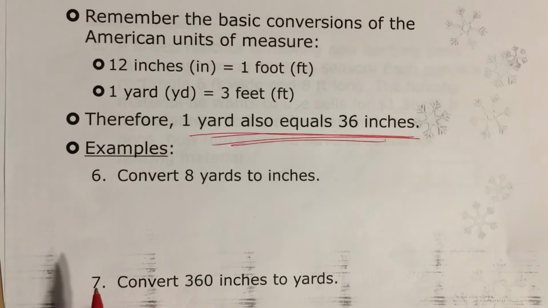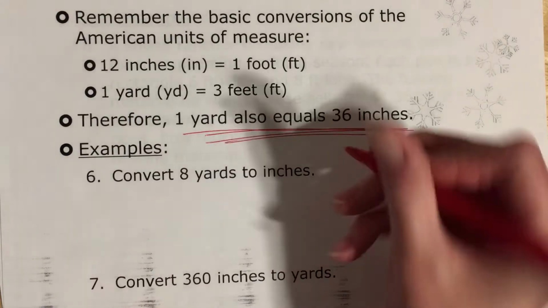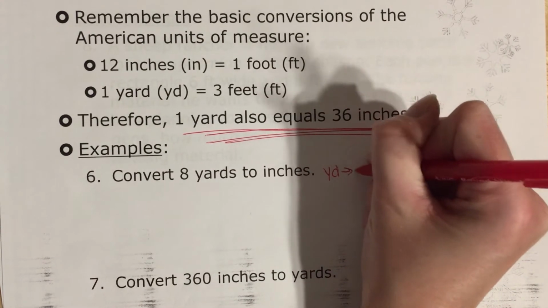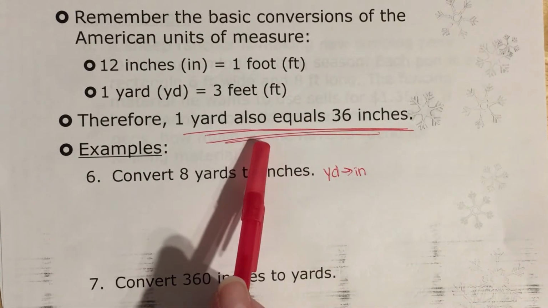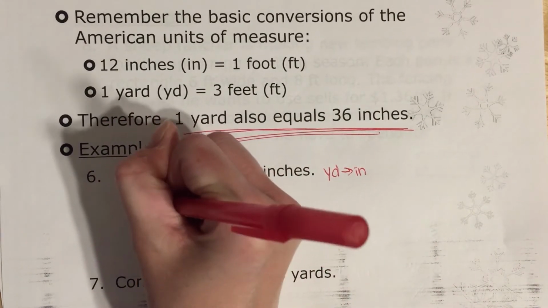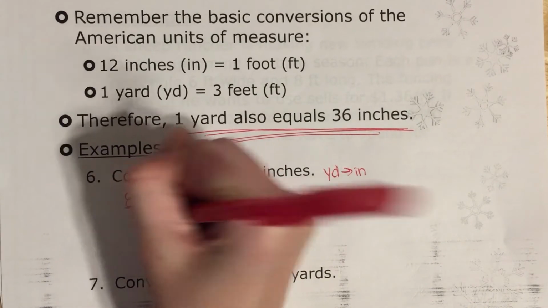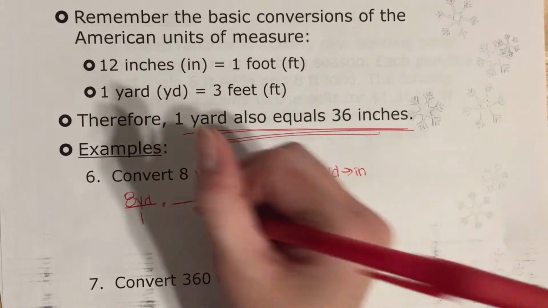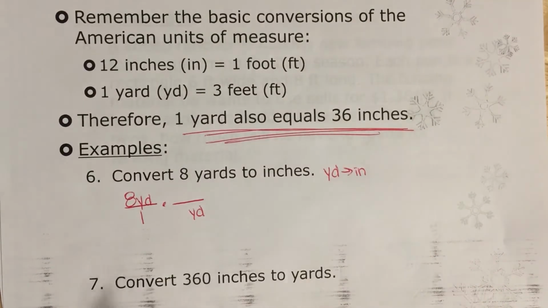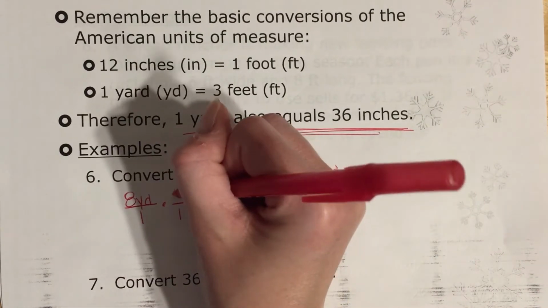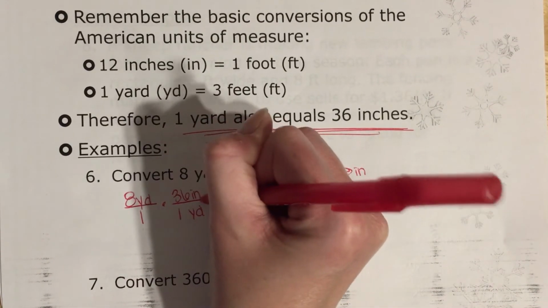Okay, number 6. Now I'm doing yards to inches. So I'm going to use a conversion factor of 1 over 36 or 36 over 1. So we're going to go from 8 yards to inches, so I'm going to have the yards in the bottom. We said 1 yard is 36 inches.